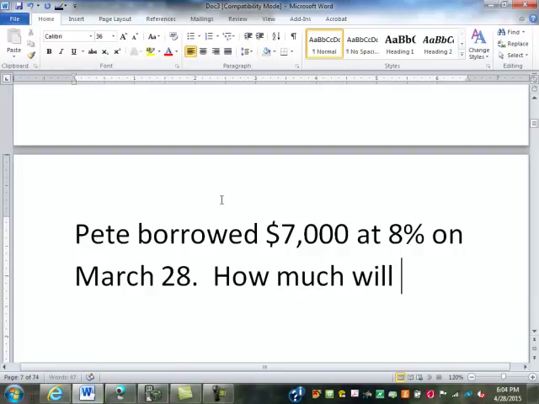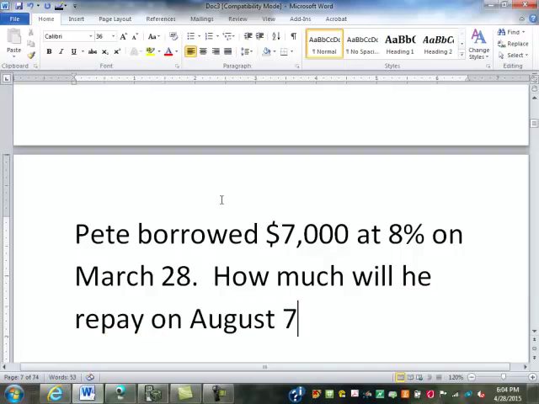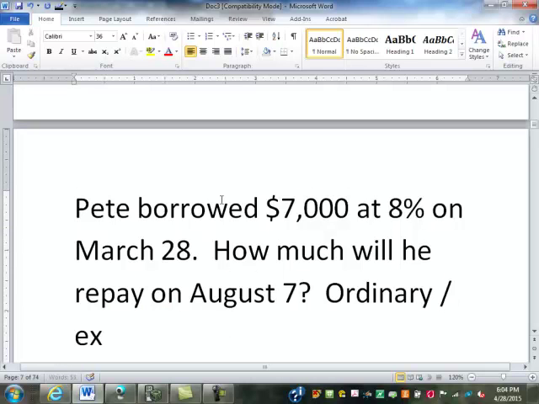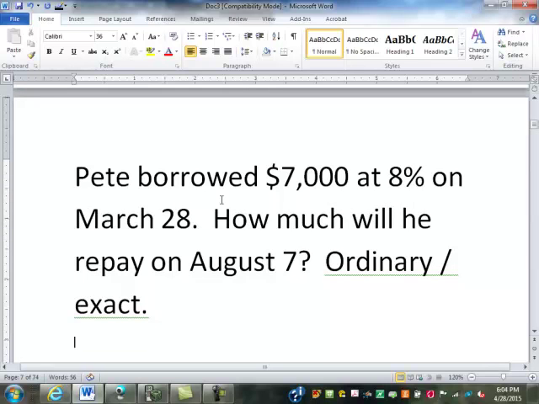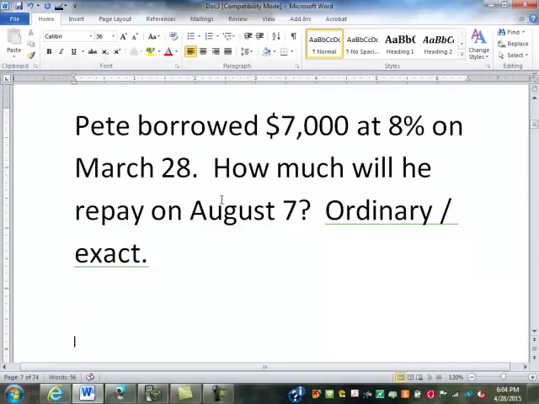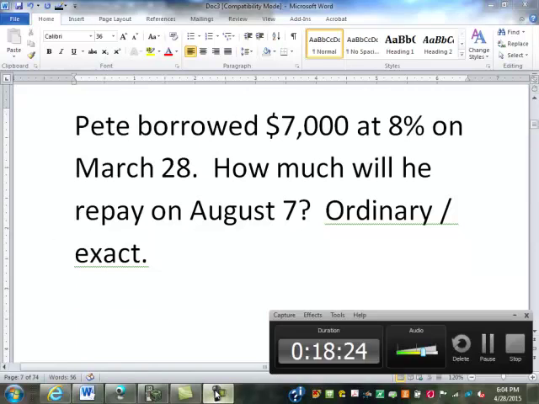How much will he repay on August 7th? I want you to find it with ordinary, and then I want you to find it with exact. Tell me what to do.